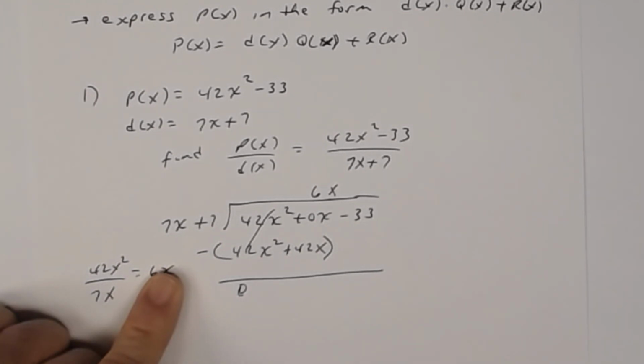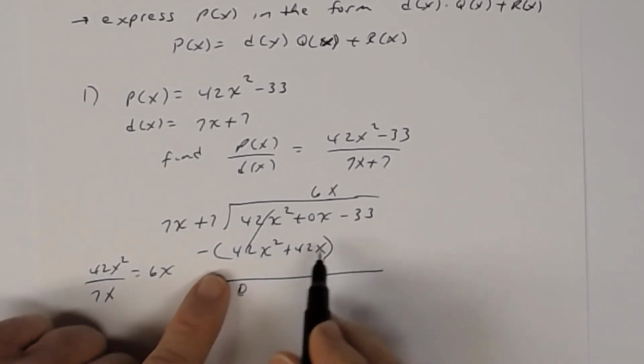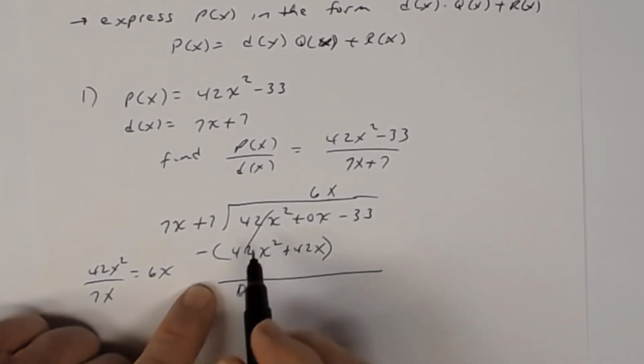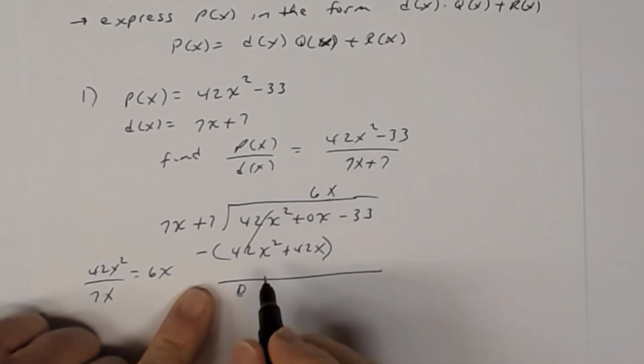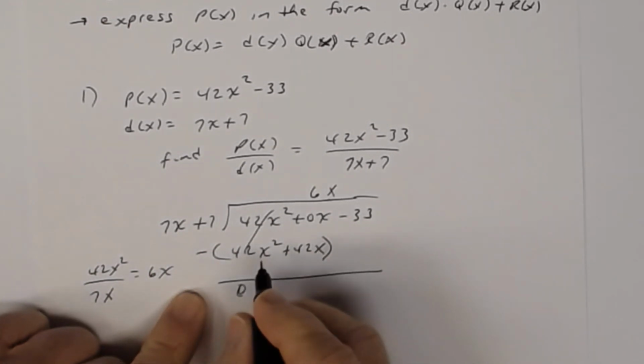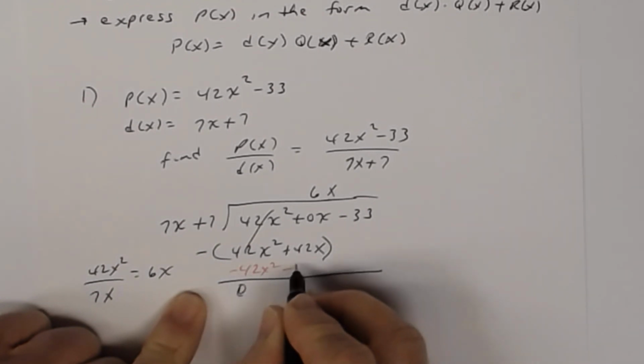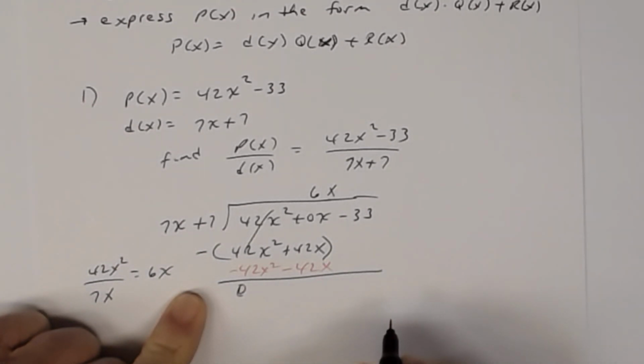Now remember, that's where some students have a little trouble when they're subtracting in parentheses a bunch of terms here. So if you have to, you use a different color pen and you put the equivalent expression here. So the opposite of 42x squared is a negative 42x squared. The opposite of 42x is a negative 42x. Okay?